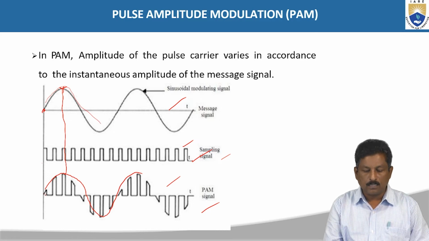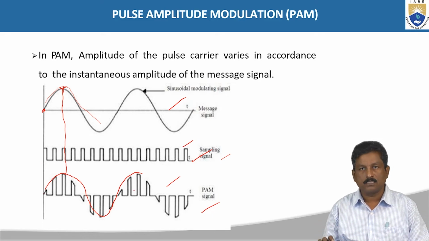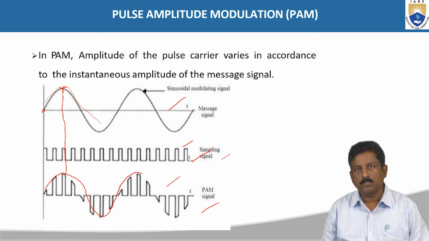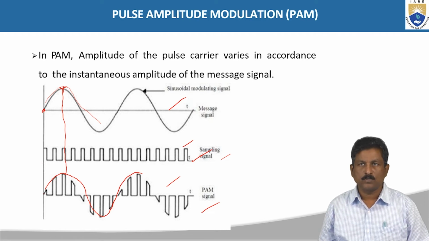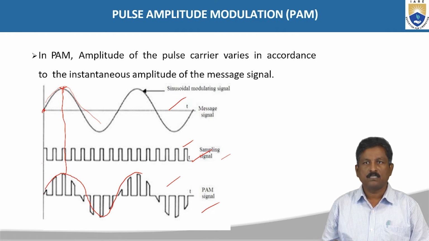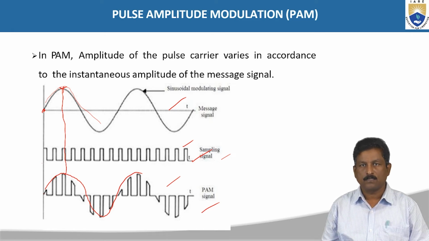After joining all the tops of the pulses, we will reconstruct the original modulating signal. This happens at the receiver side. By the operation known as demodulation, we can reconstruct the original signal. So this is the definition of how the carrier signal varies according to the strength of the modulating signal.